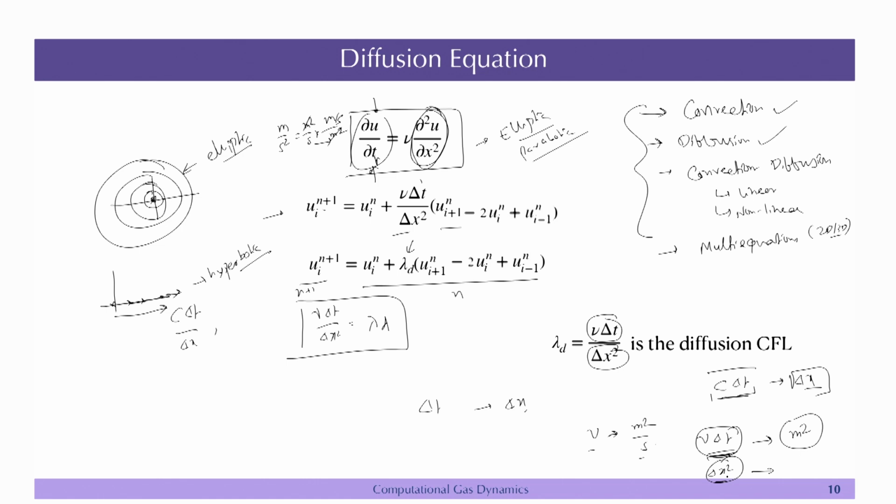So, again what we have to satisfy is that nu delta t should be less than delta x square. Just like we had C delta t less than delta x in the case of the convection problem, you have to satisfy that nu delta t should be less than delta x square. How much smaller, that we will see.